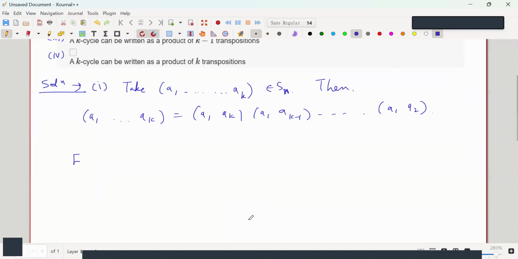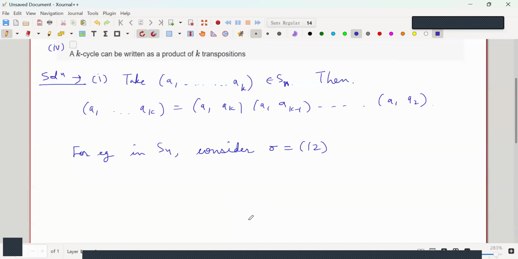For example, in S4, consider sigma equal to (1 2), right?